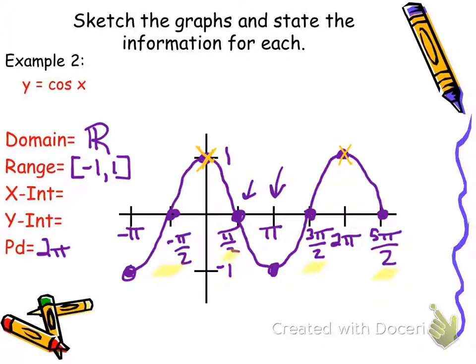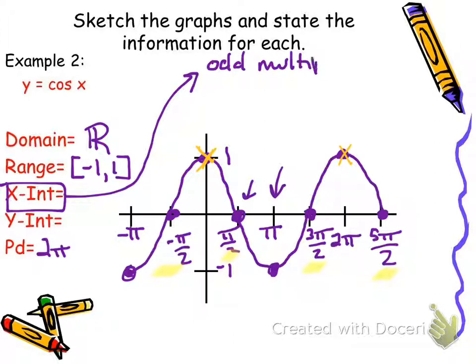So all of those x-intercepts are odd multiples of pi over 2. Right? So if I was describing the x-intercepts using words and not mathematical symbols, I would say that the x-intercepts for the cosine function are odd multiples of pi over 2.